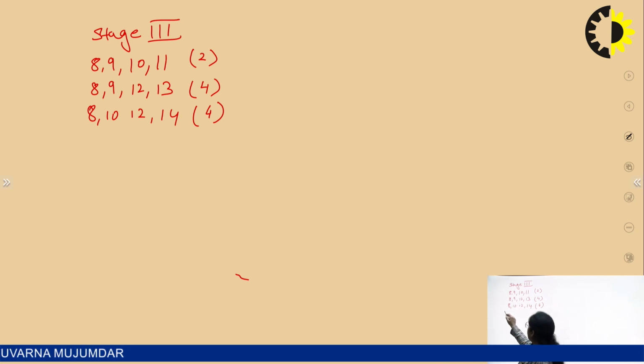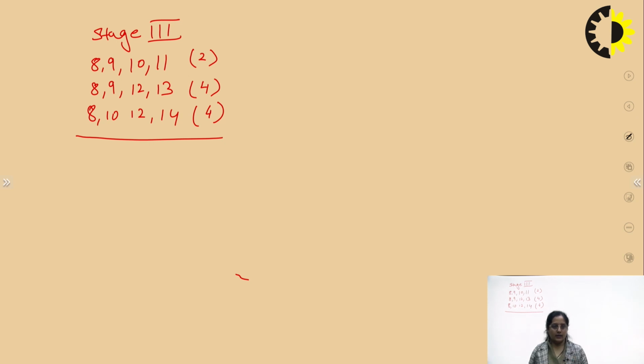Then next we will have a group between the second group and the third group. In that case we will have 6, 7, 14 and 15. Then we have 9, 11, 13 and 15. Here the difference is 1, and here we have 2.